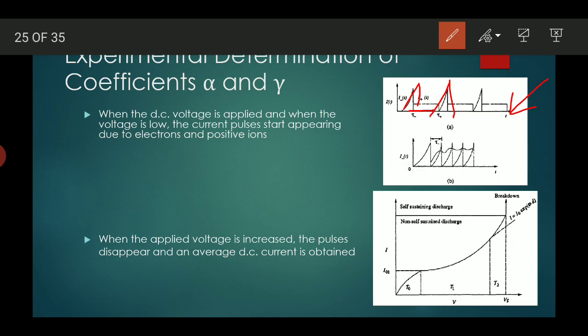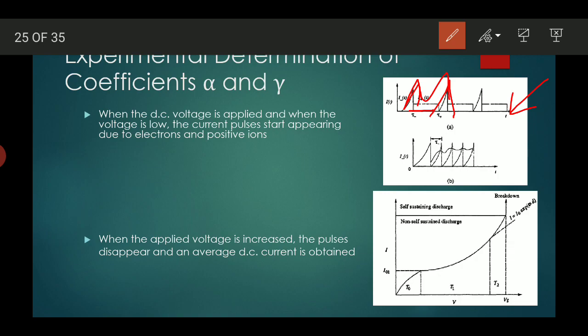These records are obtained when the current is measured using a cathode ray oscilloscope. So this is the record taken from the cathode ray oscilloscope. When the applied voltage is increased, the pulse disappears. Initially for a small voltage, you will see pulses like this, and slowly when we increase the voltage, the pulse disappears.